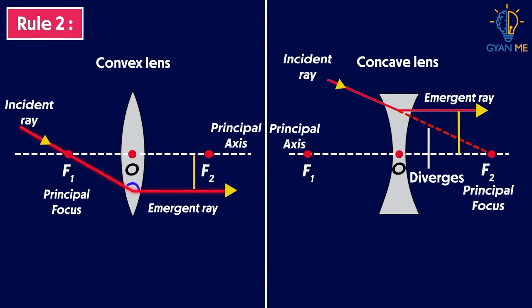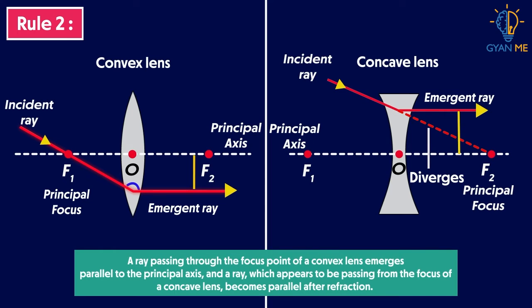Thus, a ray passing through the principal focus of a convex lens emerges parallel to the principal axis, and a ray which appears to be passing from the focus of a concave lens becomes parallel to the principal axis after refraction. So now let's continue with Rule 3.